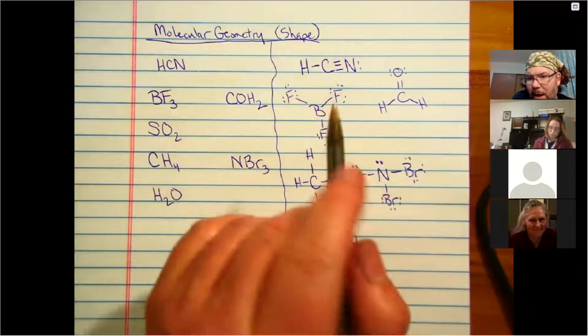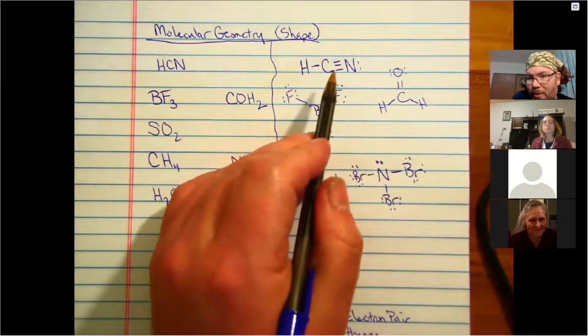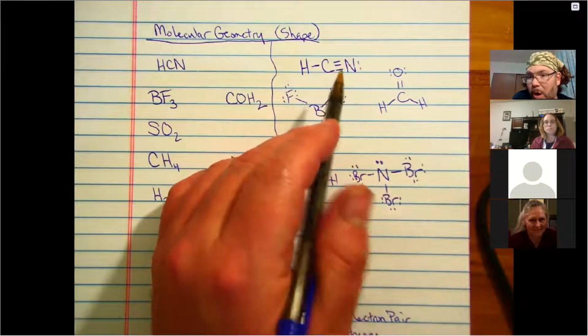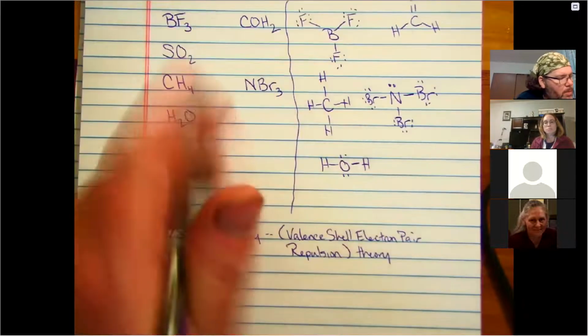So what we define in order to figure out how far those electrons can be from one another is something called a number of electron groups.